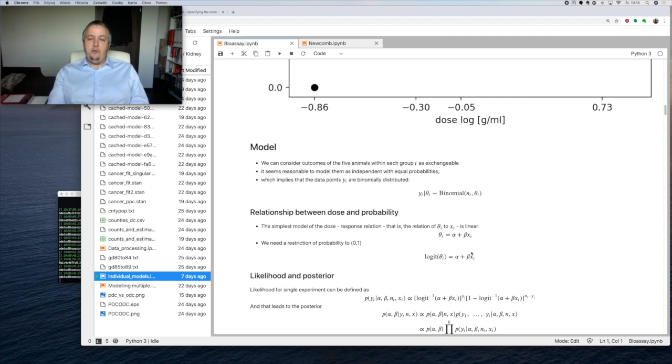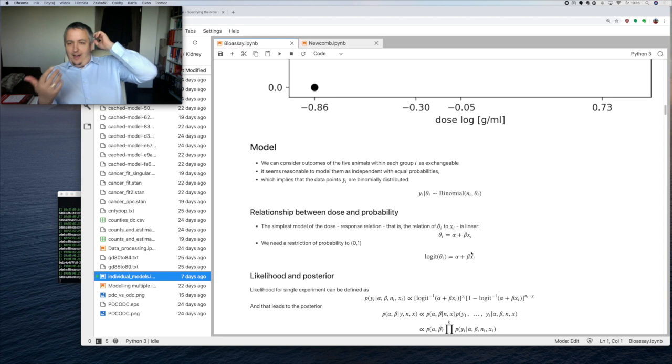So here we will use a transformation. We assume that our theta has to be located in the interval from 0 to 1 because it's a probability. So we can use the logit function to get probability from the 0, 1 scale to the plus minus infinity scale, or use the inverse logit function, which we'll be using here, to transform our unbounded values alpha plus beta times xi into the bounded 0, 1 interval.